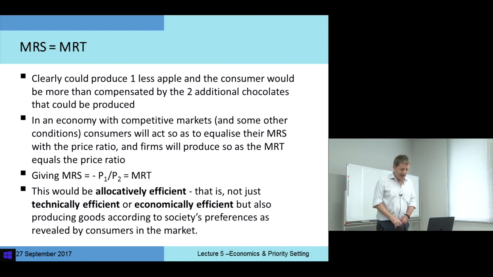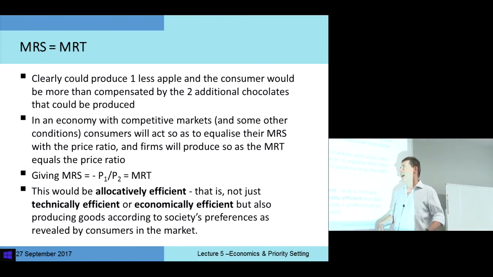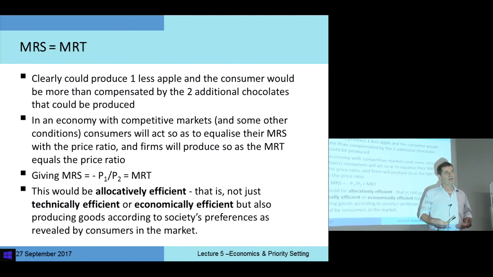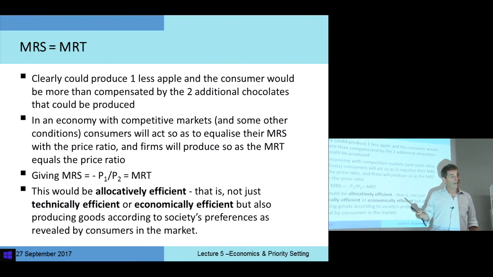Now, I'll be very brief on this bit. Given the assumptions that we make about firms being price takers, maximizing profits, given assumptions about consumers being well enough informed so they know when they've encountered the lowest possible price, etc., then a competitive market will get you to that point.